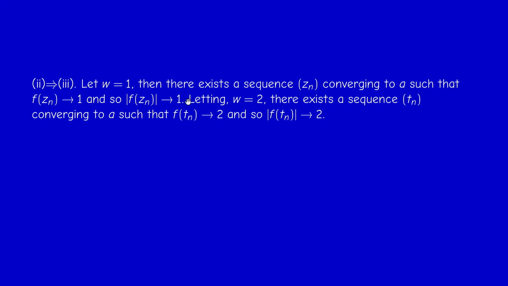If I take w equal 2, I get another sequence converging to a, whose image under f converges to w, which is 2 in this case. So the modulus converges to 2. So I have two sequences converging to a, and their images converge to 1 and 2. So this means that the modulus of f has no limit. And this is just 3.